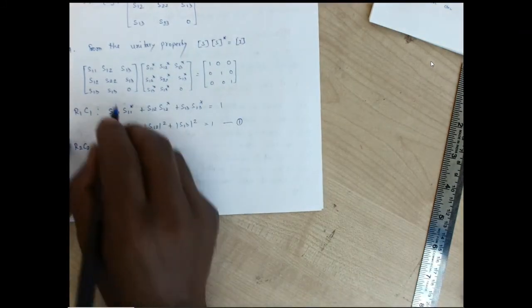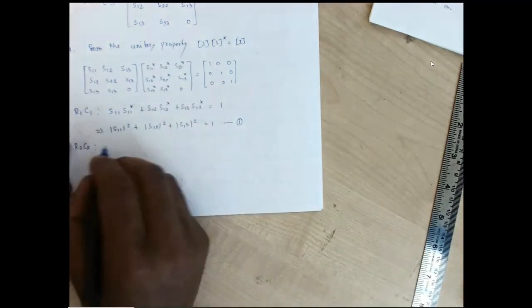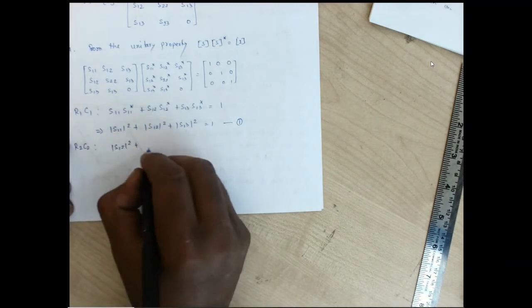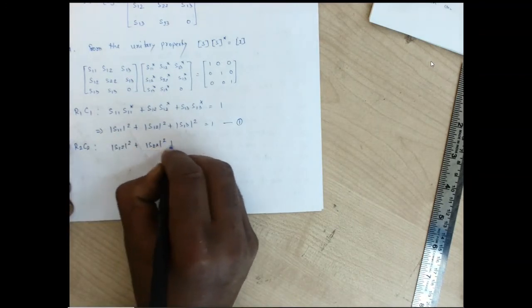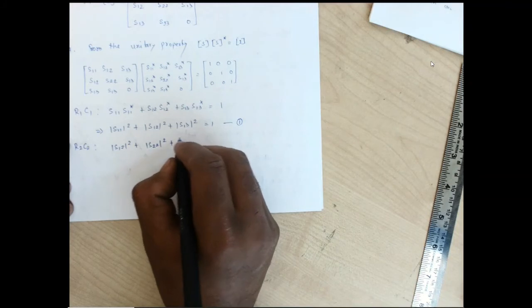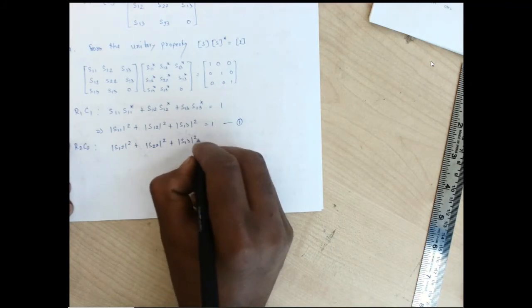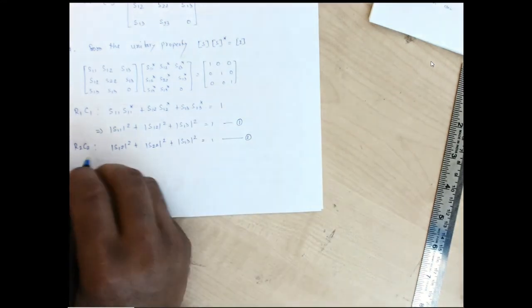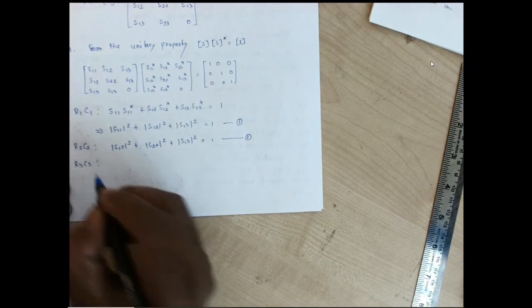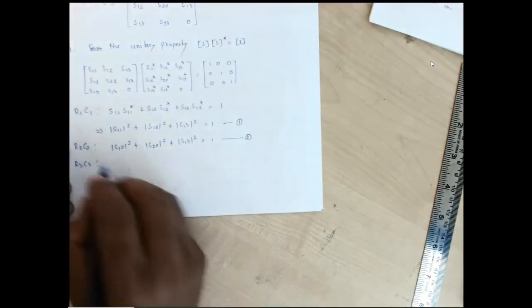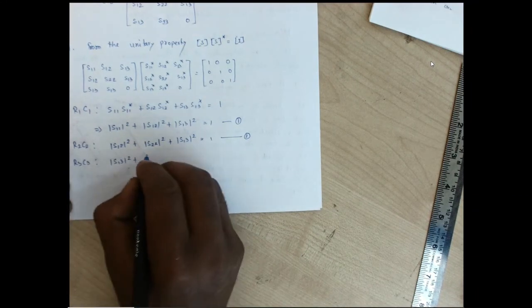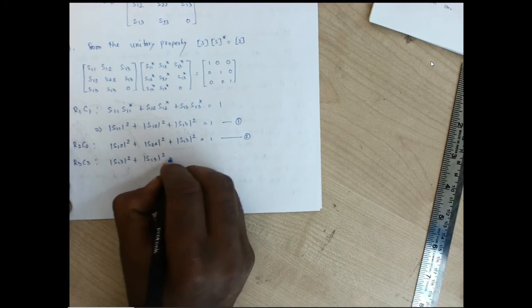Similarly, if you take R2 C2, it becomes mod of S12 squared plus mod of S22 squared plus mod of S13 squared equals 1. If you take R3 C3, it will be mod of S13 squared plus mod of S13 squared equals 1.